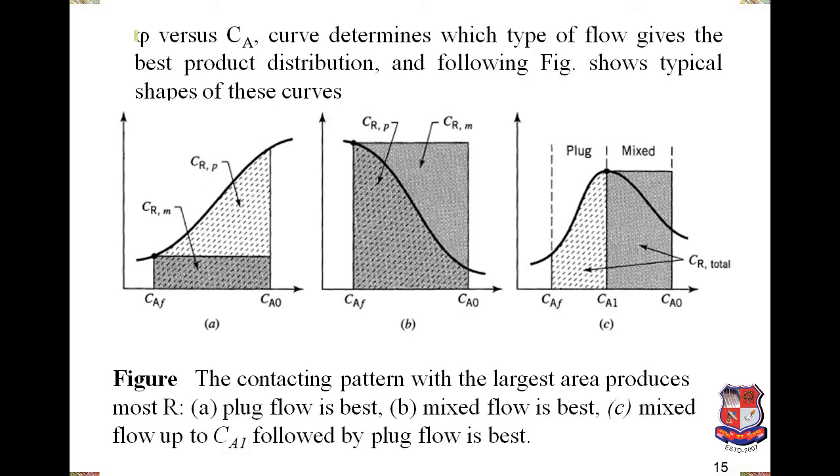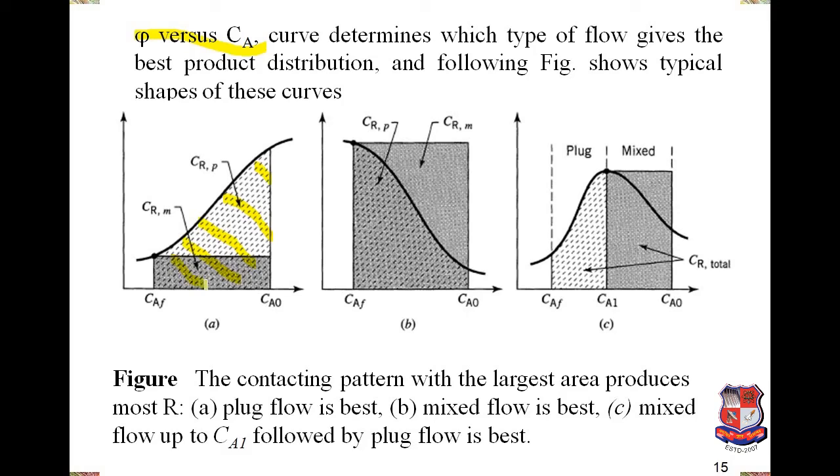So this is the phi versus CA data, the instantaneous yield versus concentration. Now, what it indicates, if you go for a PFR, this is your final concentration, and the total product you obtain in the case of a PFR is the area under the curve.